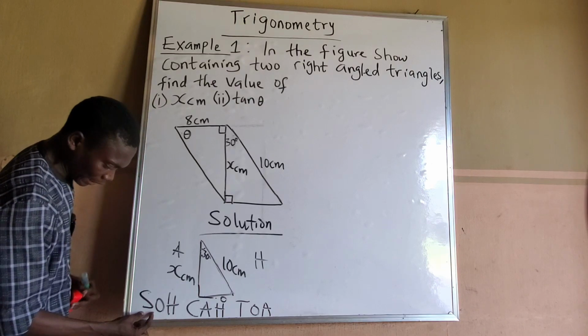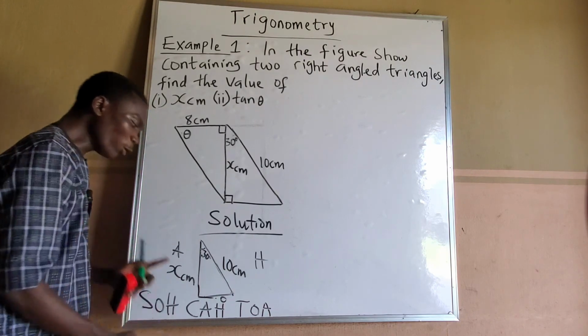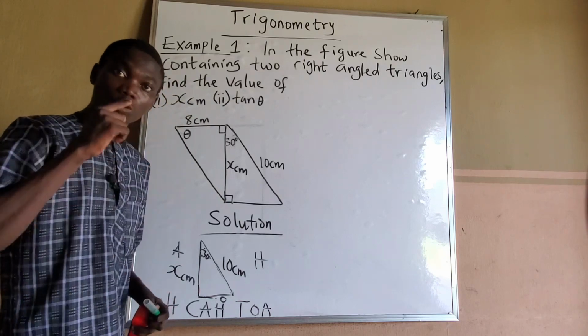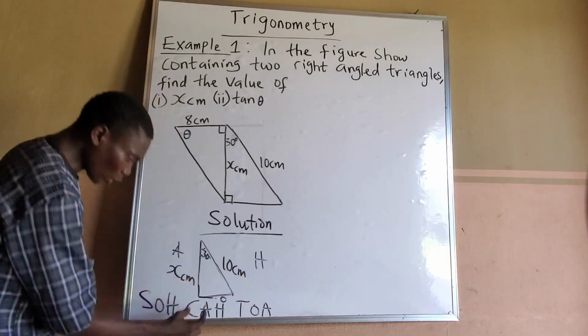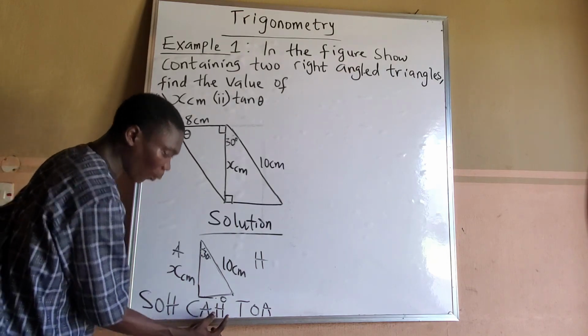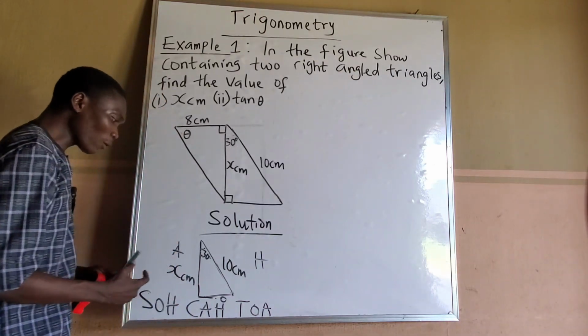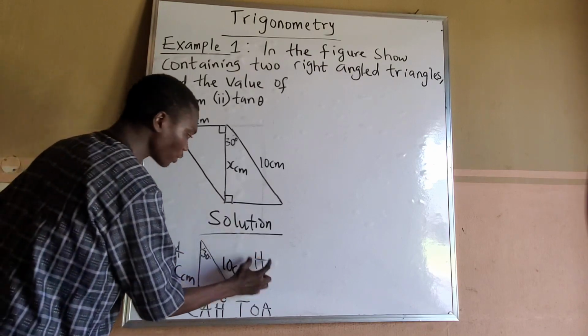Sine is the relationship between opposite and hypotenuse, so it is not that. We are looking for adjacent and hypotenuse. Cos is equal to adjacent over hypotenuse. So the formula we have to use here is cos because it relates adjacent and hypotenuse.